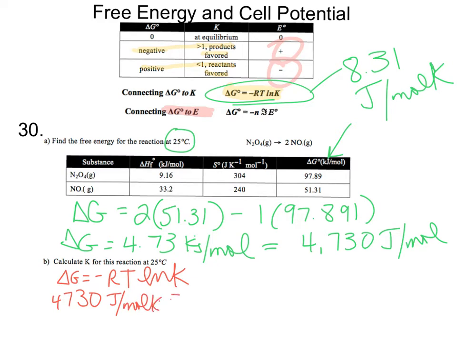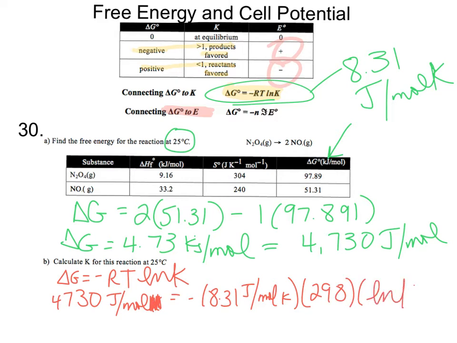That's equal to negative 8.31 joules per mole Kelvin times the temperature of 298. And we're solving for the natural log of K.